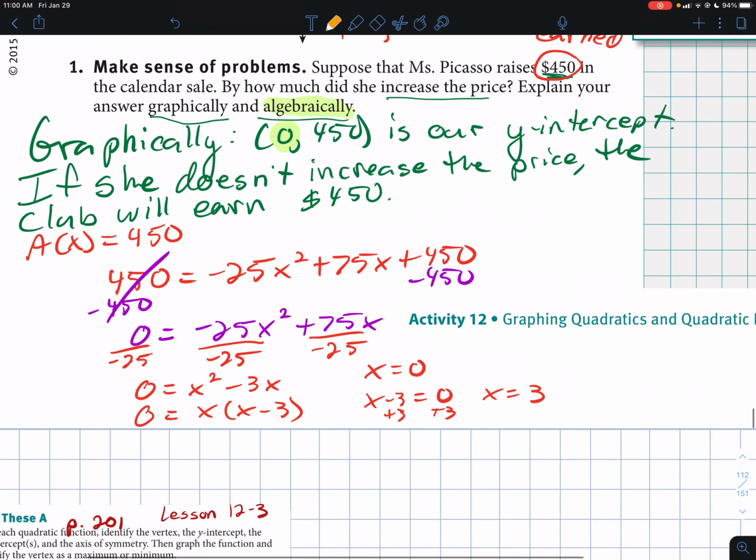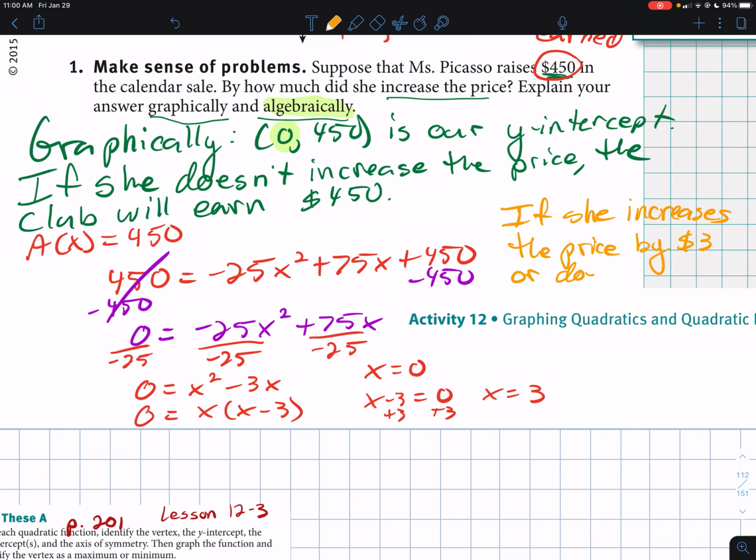Okay, so if she increases the price by $3 or doesn't increase the price, they will earn $450.